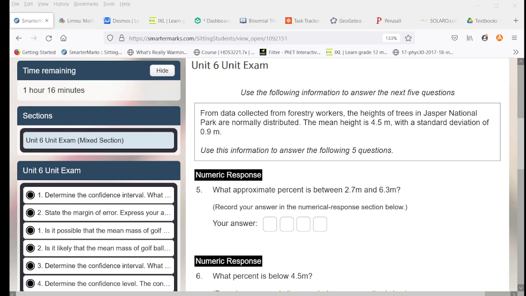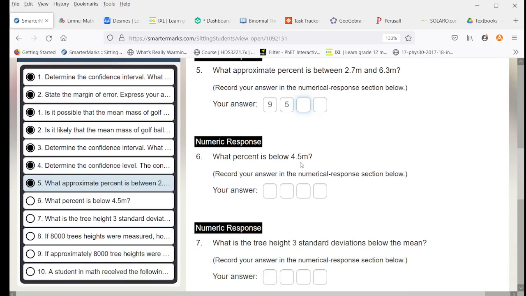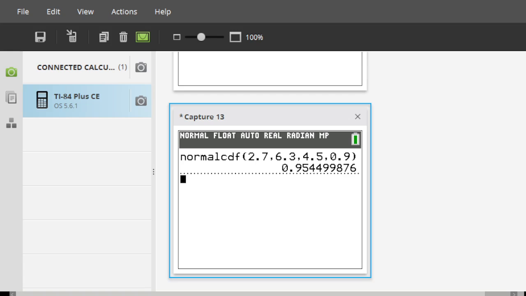So if we go back to that window, what approximate percent is 95? What percent is below 4.5 meters? So again, that's back to our normal CDF. This time we want negative 1 times 10 to the 99 as our lower, and the upper limit is 4.5, because we want to know how many are below a given range.